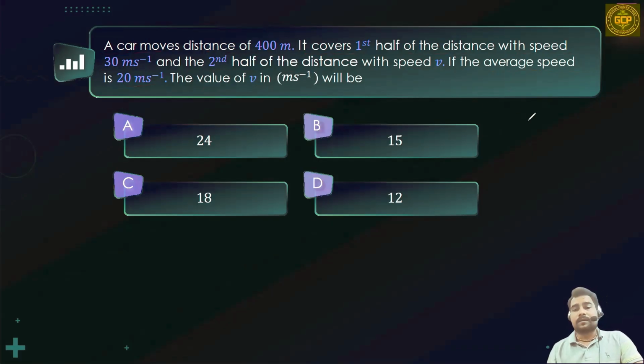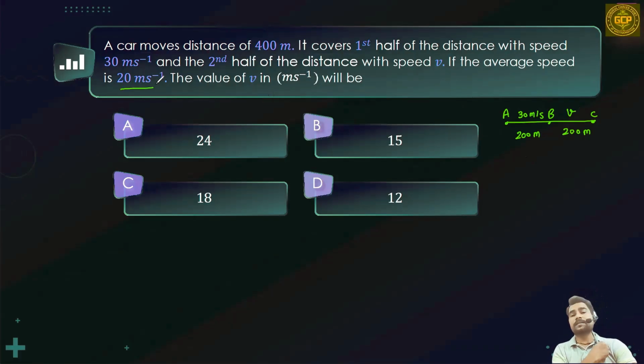So the object needs to cover 400 meter distance, A to B and B to C. First half, which means 200 meter distance, is covered with velocity 30 meter per second, and the rest of the distance, 200 meter, is being covered with speed v. Average speed is given as 20 meter per second, and the value of v I need to determine.